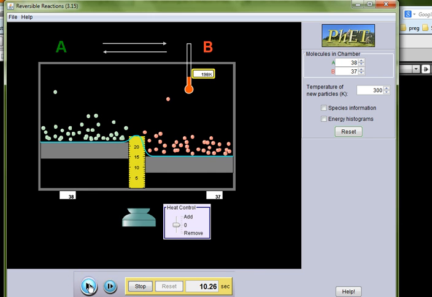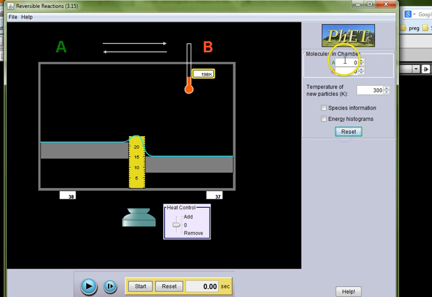Before the reaction we had 40 of A and 35 of B. Now at this stage, what is the reaction quotient for this reaction?